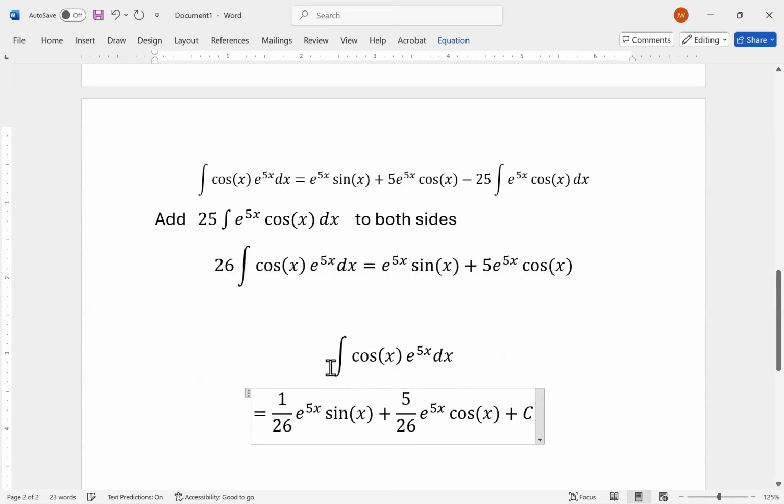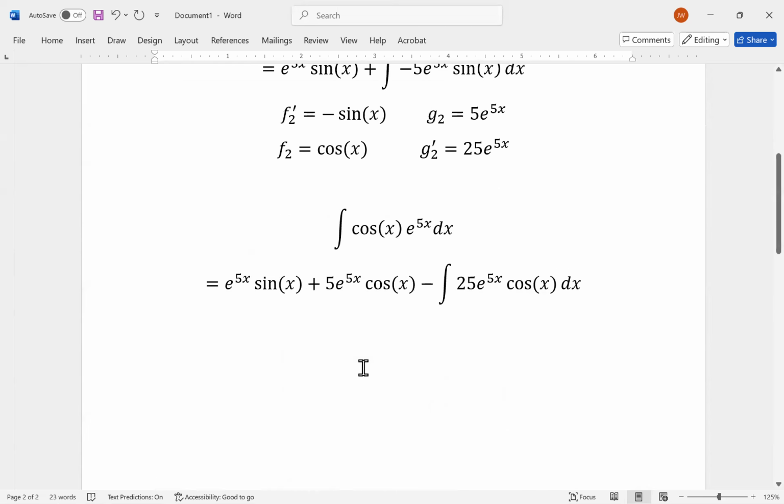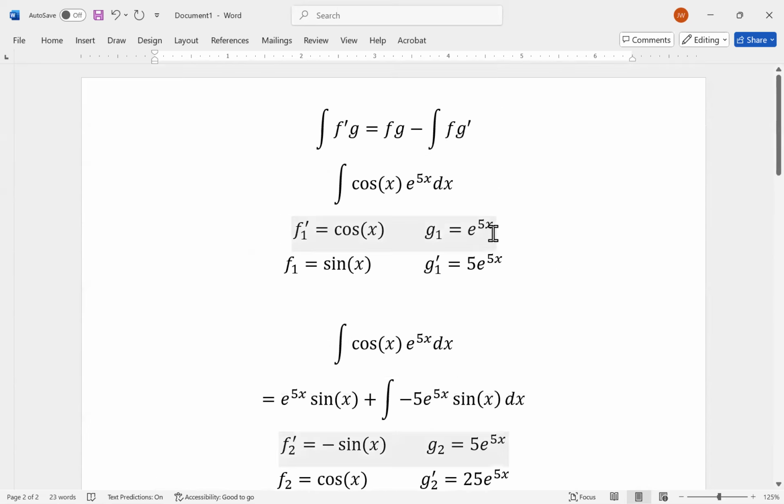My final answer is that the antiderivative of cosine times e to the 5x is 1 over 26 e to the 5x times sine plus 5 over 26 e to the 5x times cosine plus c. Now, I did this whole process where I put the e to the 5x as the g, and my initial choice of f prime was cosine.